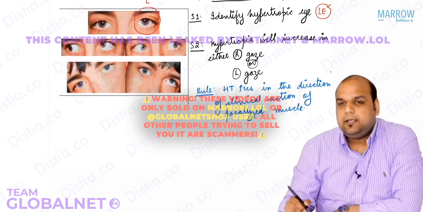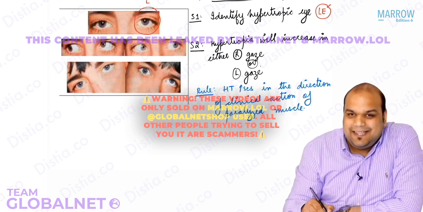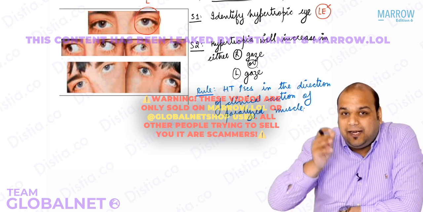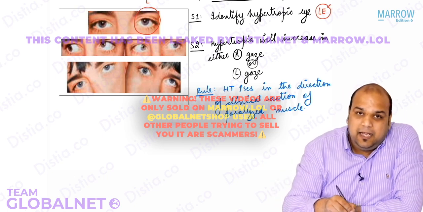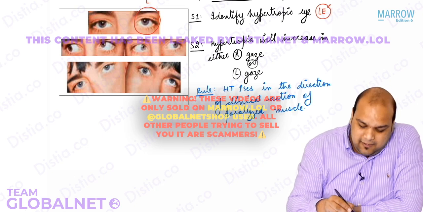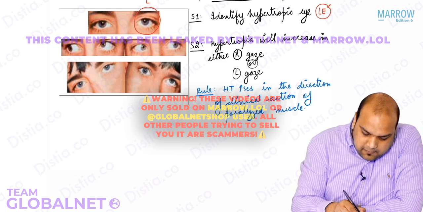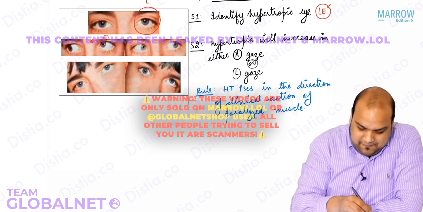So if we focus on superior oblique, everybody, what is the function of superior oblique? Depression in adduction. So if we are focusing on the left eye, when the left eye performs adduction, that means looking towards which side? Right, guys.